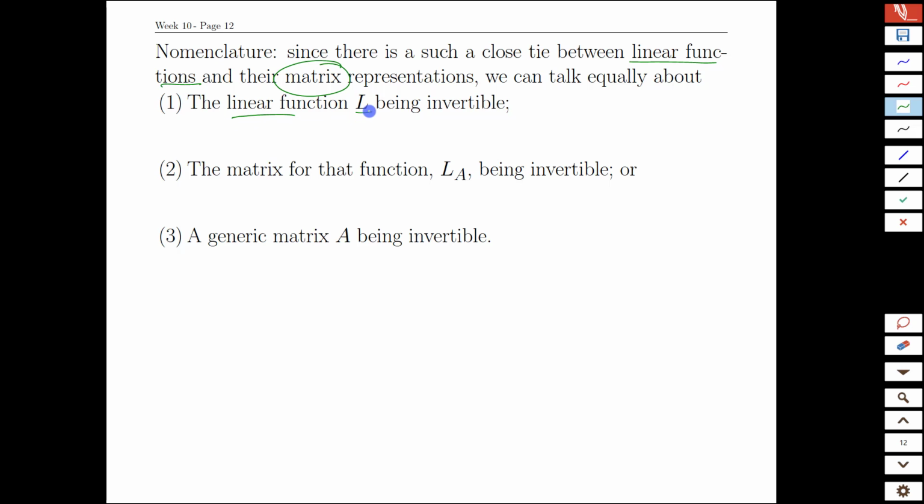We would just as easily say, though less often, the matrix for that function or the standard matrix for that function is invertible. And that gets tedious after a while, so we scrape that down, and eventually we just say the matrix A is invertible, or the matrix A is not invertible. If we have to, we can go back and think about the linear function that is implied by the matrix A, but often we just are looking at the numbers and saying, is this matrix, once we have it, invertible, yes or no?